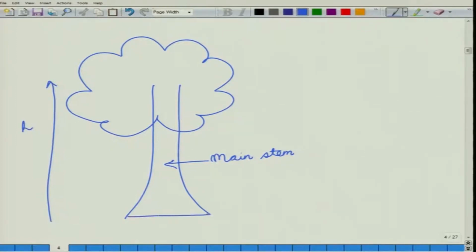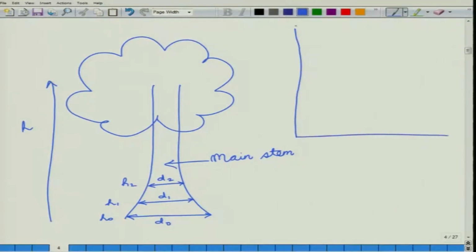Here we have a diameter d0 at the bottom, then at height h1 you have a diameter of d1, at height h2 you have a diameter of d2 and so on. So, what will happen if we plot height versus diameter? Well, this is what we will get.